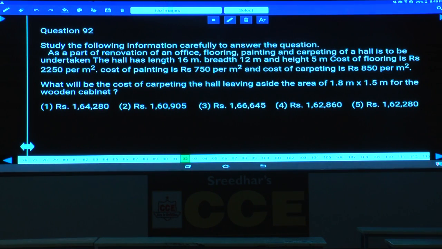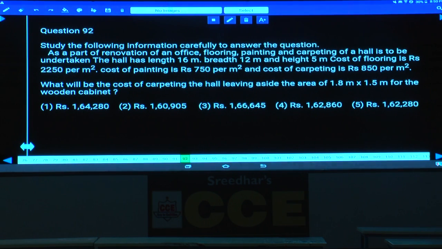What will be the cost of carpeting the hall, leaving aside the area 1.8 into 1.5 meters for the wooden cabinet? Okay. Carpeting is done for flooring, that means area of the rectangular hall.